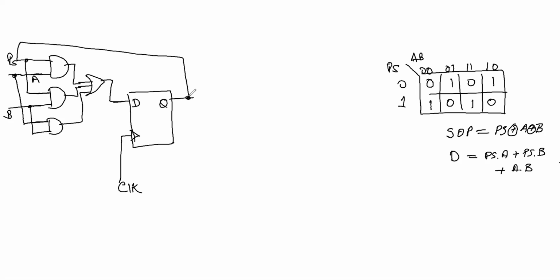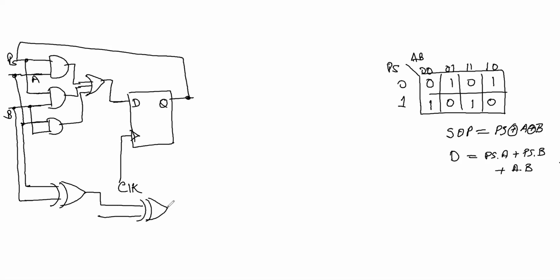So you can connect that too. Okay, and to generate the output Z, you can use 2 XOR gates. A and B, and again XORed with the same Q, and this is your sum bit. Okay. So every clock cycle you will generate one sum bit.